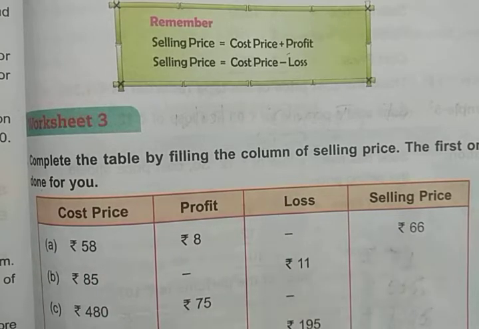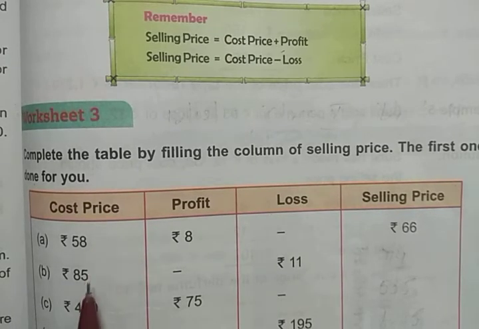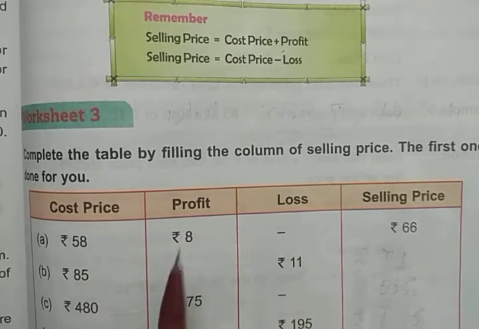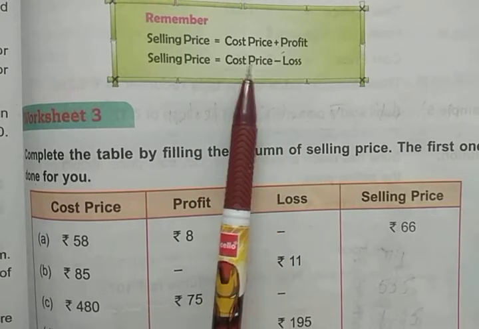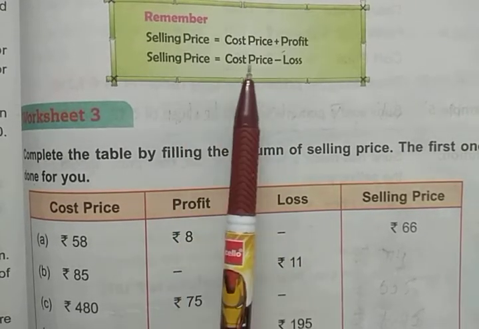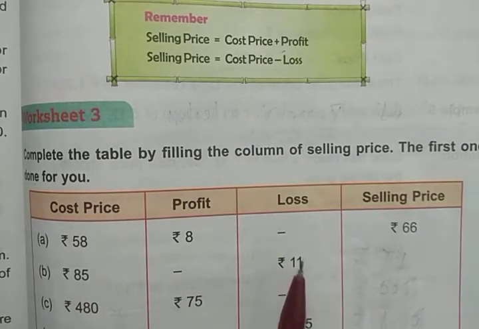that is rupees 66. In second situation, cost price is 85 rupees, and here the loss is given, there is no profit, loss. So loss की situation में आपको selling price निकालना है, so cost price minus loss. So 85 rupees minus rupees 11. So what will be your selling price?